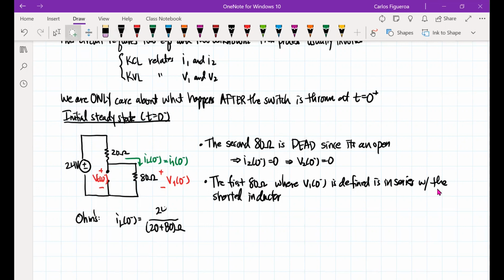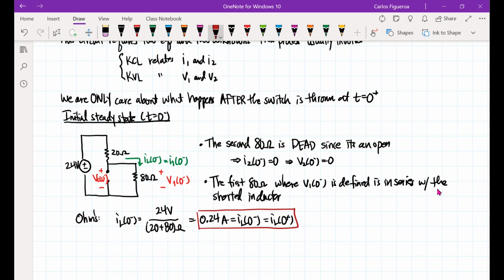This should give me 0.24 amps. And of course, we don't care about 0 minus, we only care about 0 plus. So right away, I know what the current of the inductor is, and this is a thing that can't change instantaneously.